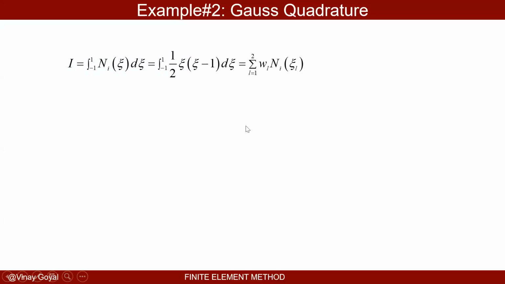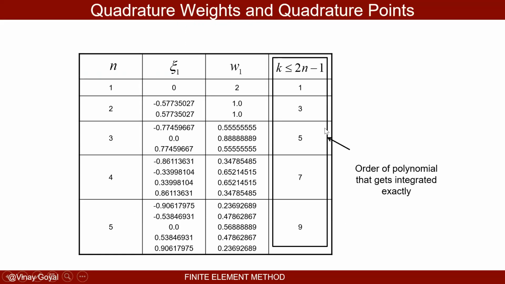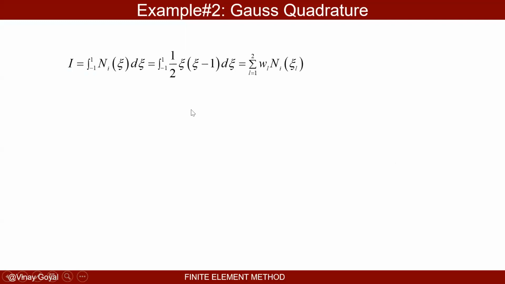So let's look at how to integrate a polynomial that goes from minus 1 to 1. I already told you that for a quadratic polynomial, in fact, up to a cubic polynomial, if I had a cubic polynomial with two quadrature points, I should get the exact solution. But let's integrate a quadratic polynomial.